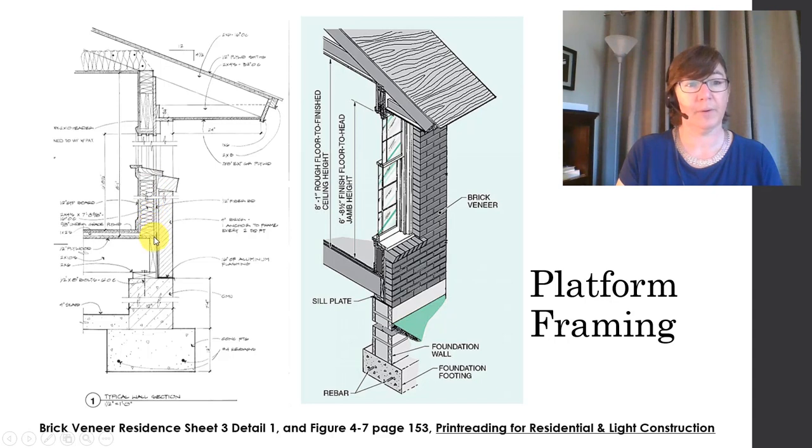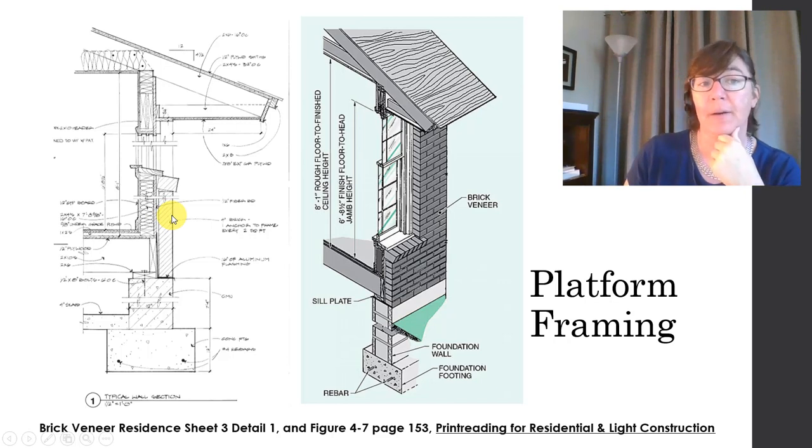Here's our exterior sheathing. Then there's a little air gap, and then there's a layer of brick veneer. So take a look over here. Here's that sheathing, the wall sheathing. Here's the little air gap, and here's our layer of brick veneer. And it's coming all the way down to rest on an extra little ledge that was built for it on the foundation. Check that out.